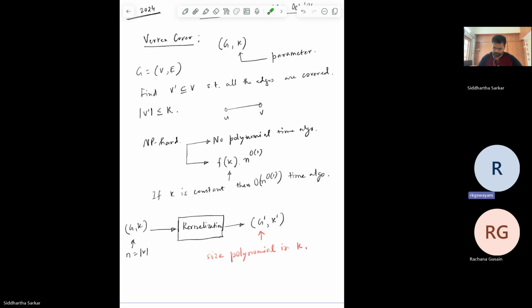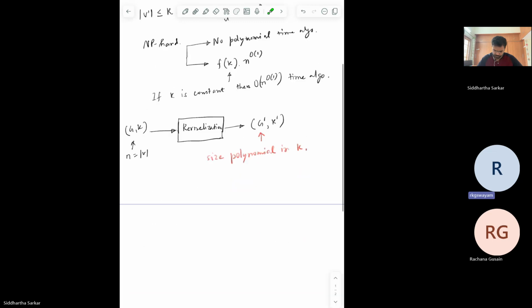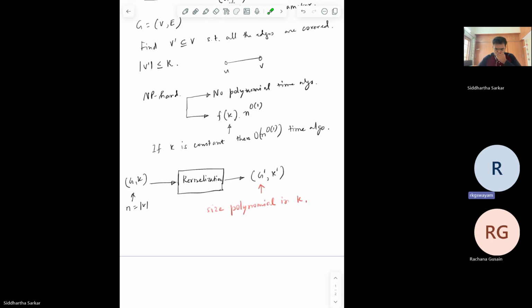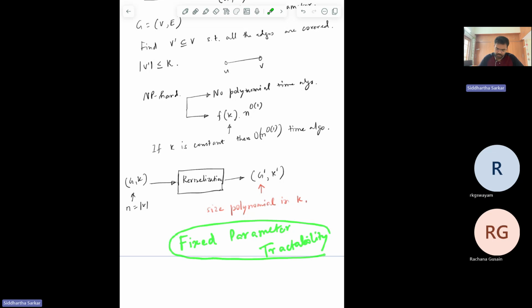So then, what is the difference between kernelization and fixed parameter tractability? Is fixed parameter tractability a part of kernelization, among other possibilities? Yes. Fixed parameter tractability means a problem is said to be fixed parameter tractable if the running time of solving the problem is of this sort.